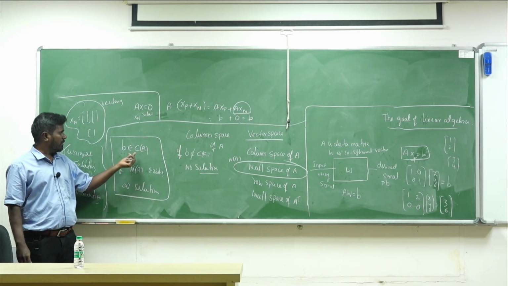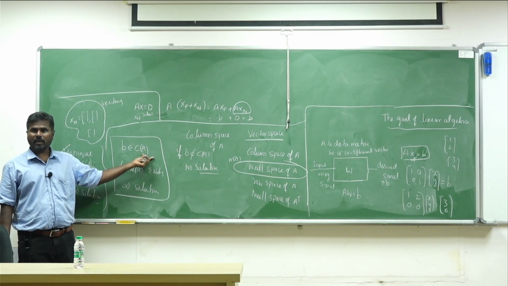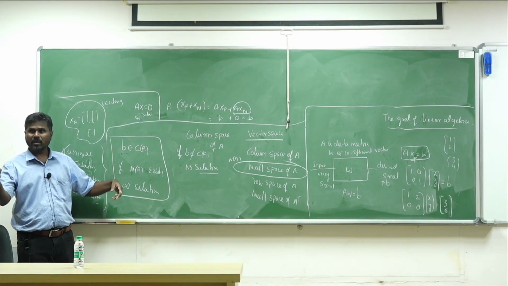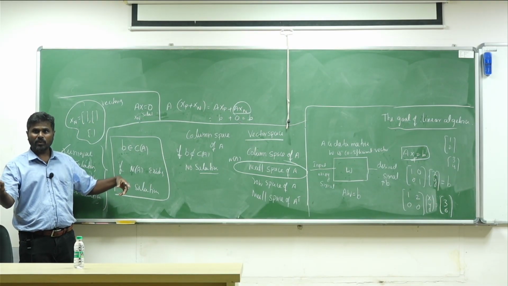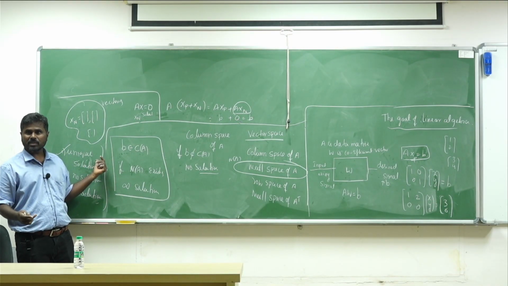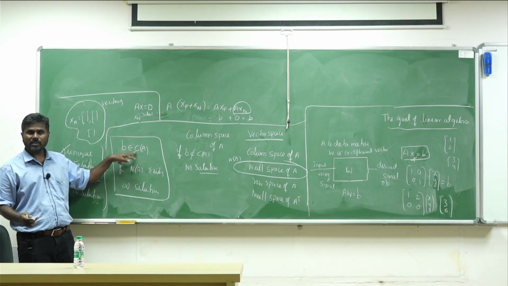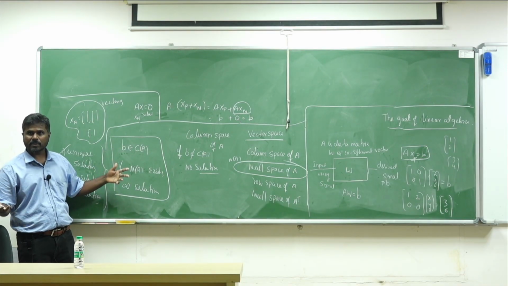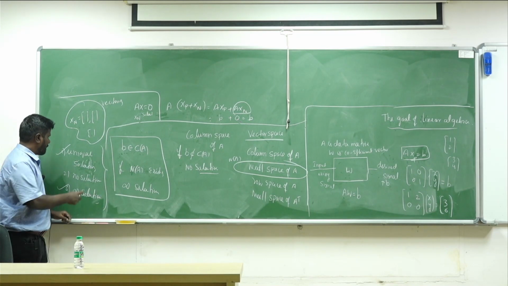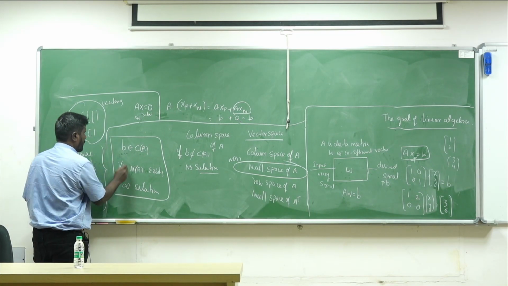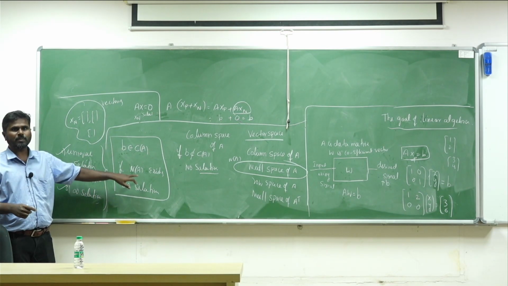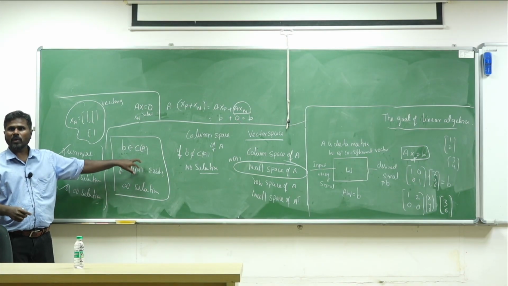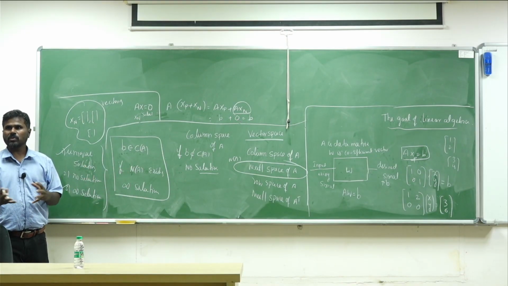If B is coming from the column space of A, then you need to check the second condition to say whether the system of equations has a unique solution or infinite solutions. If there exists a null space of A, then you will have infinite solutions.